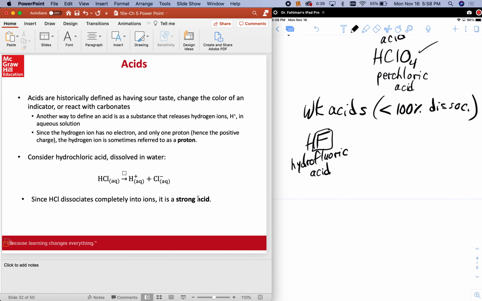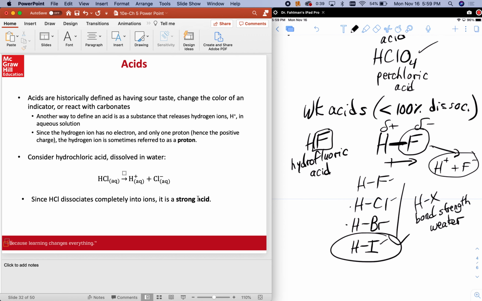In general, as you go down a group, the bond strengths get weaker. We'll just say HX, where X is each of these ones. So the bond strength is weaker. Therefore, HI would be the strongest acid, followed by HBr, HCl, and then HF is the weakest.